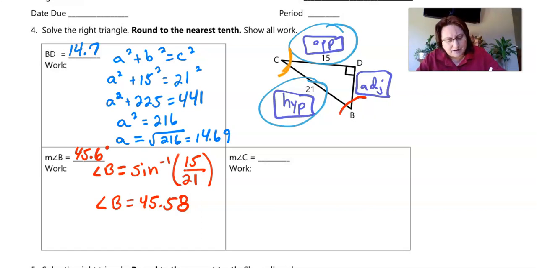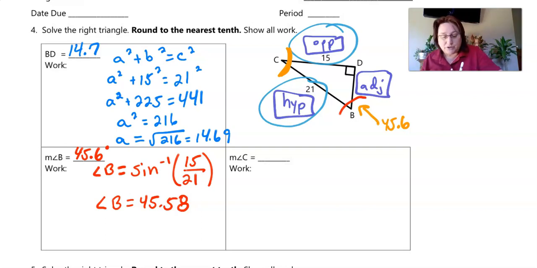Right here is C. So I can either say angle B right here is 45.6, so if I know two angle measures and I want the third one, I can use the triangle sum theorem. Or, now we're going to relabel our triangle.